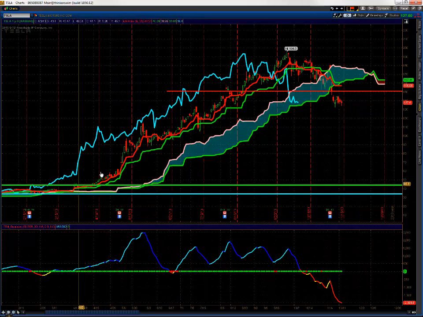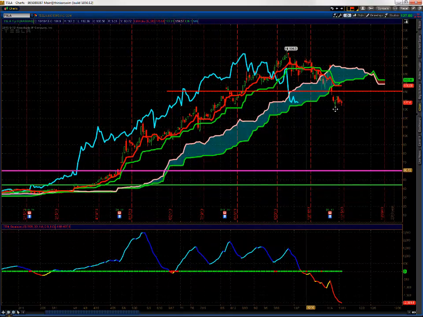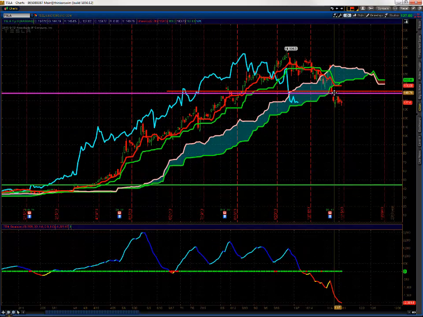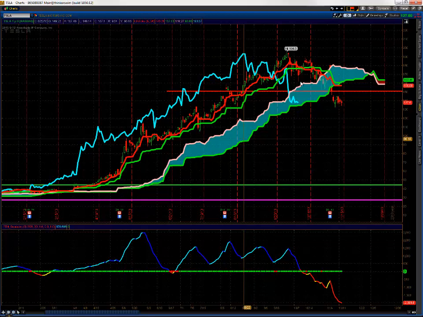You could have stayed in from 44 all the way up, and this cloud just shifts with you. You would eventually get stopped out at 148. You can just keep moving your stop out as the stock moves higher, and just ride it.